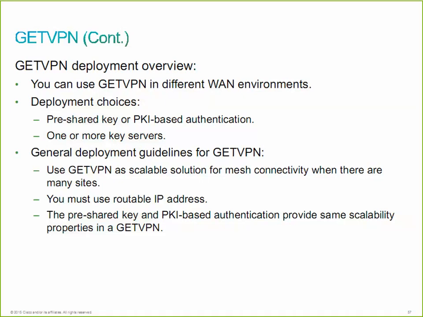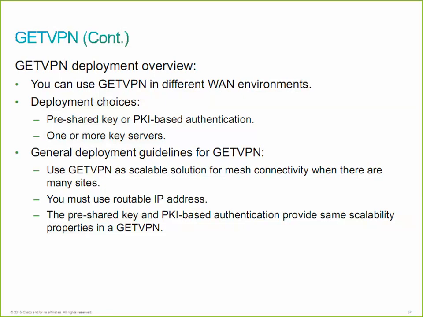If we want high availability, we can deploy multiple key servers. This is obviously recommended because if the key server goes out or becomes unusable or unreachable for whatever reason, the GetVPN architecture is not going to work. So we can have several different key servers in our environment.